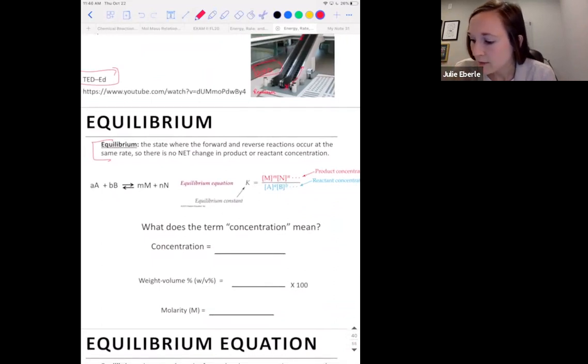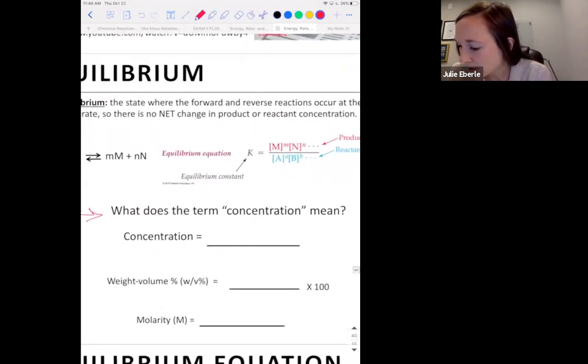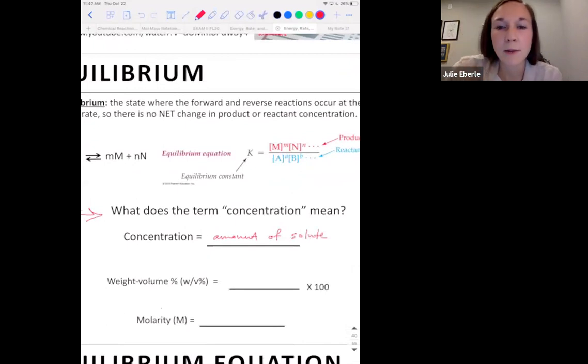So for equilibrium, we said that the concentration of the reactants and products are not changing. So I'm actually going to enter this slide right here. What does the term concentration mean? Well, it is an amount of, I'm going to use this word that we've not heard before, solute. What is solute? Anybody ever made Country Time lemonade before? It's the best, right? You take the powder and mix it with the water and make the lemonade.